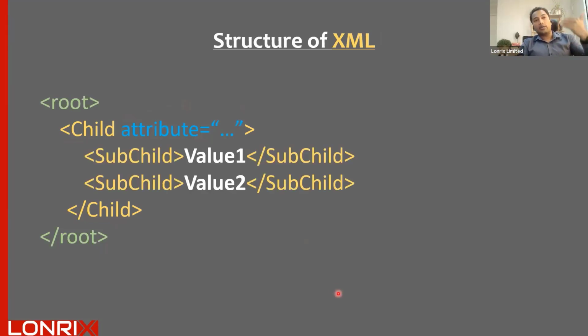Again, you can have multiple subchilds, and the value will be comprised of the subchilds. It doesn't have to be exactly like this; you can have a value directly in a child and completely ignore subchilds as well. In this particular example, these subchild elements become the value for this child element.